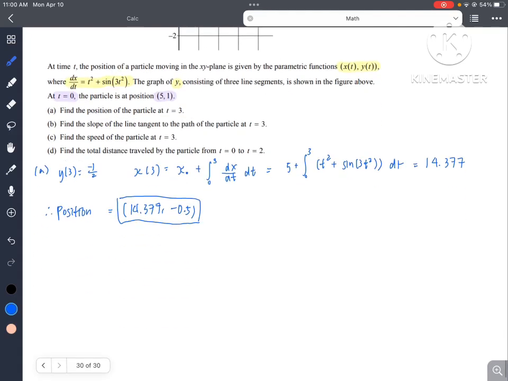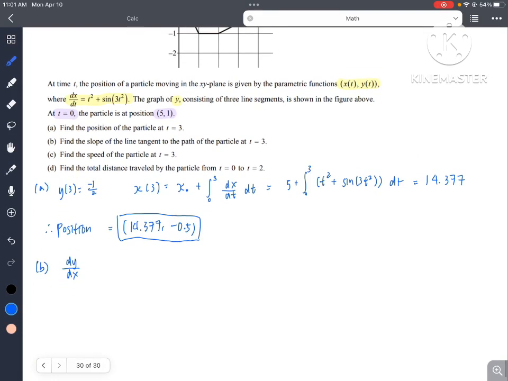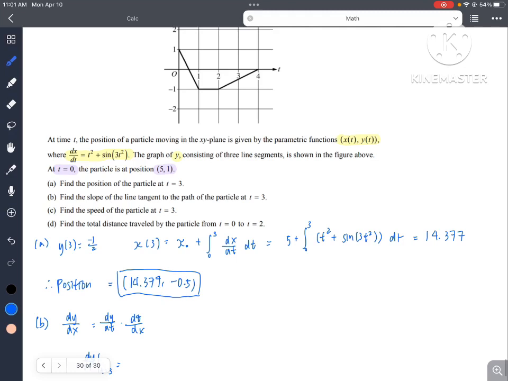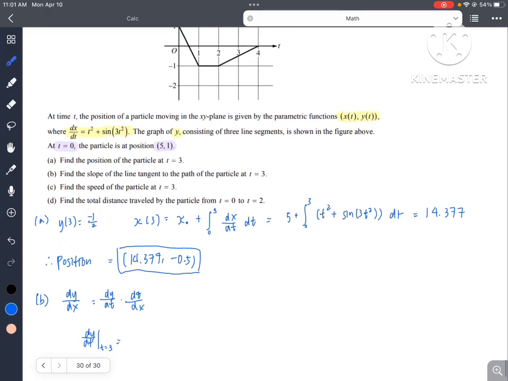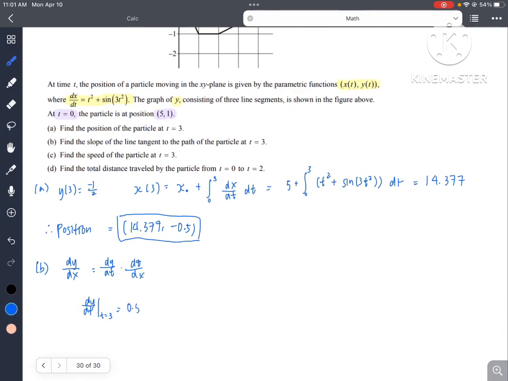Now let's find the slope of the tangent line of the particle. So the tangent line slope is found as dy over dx, which is equal to dy over dt times dt over dx. What's dy over dt at t equals 3? Well, we can just directly find it on the graph. It's a positive 1 over 2, so 0.5. What about dx over dt at t equals 3?